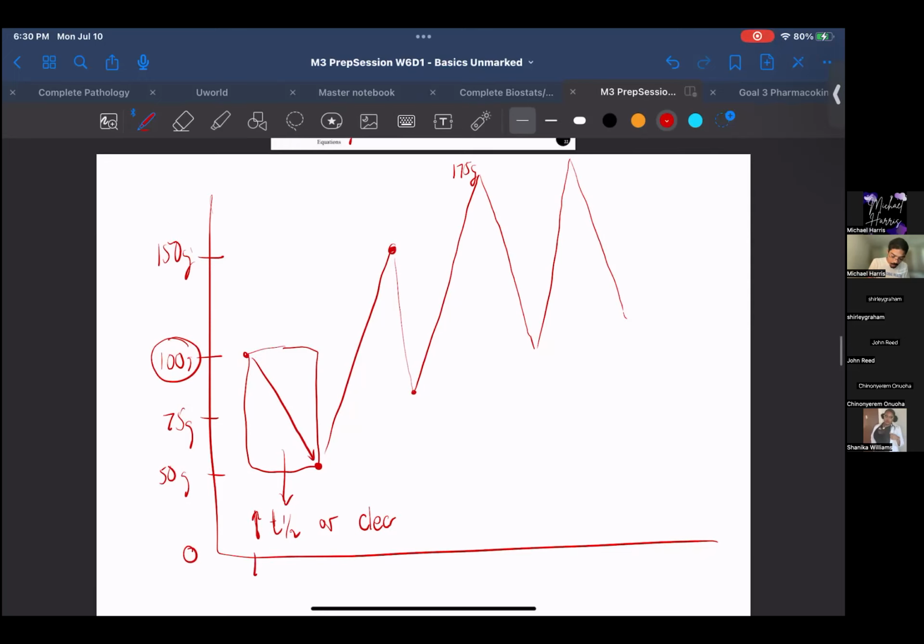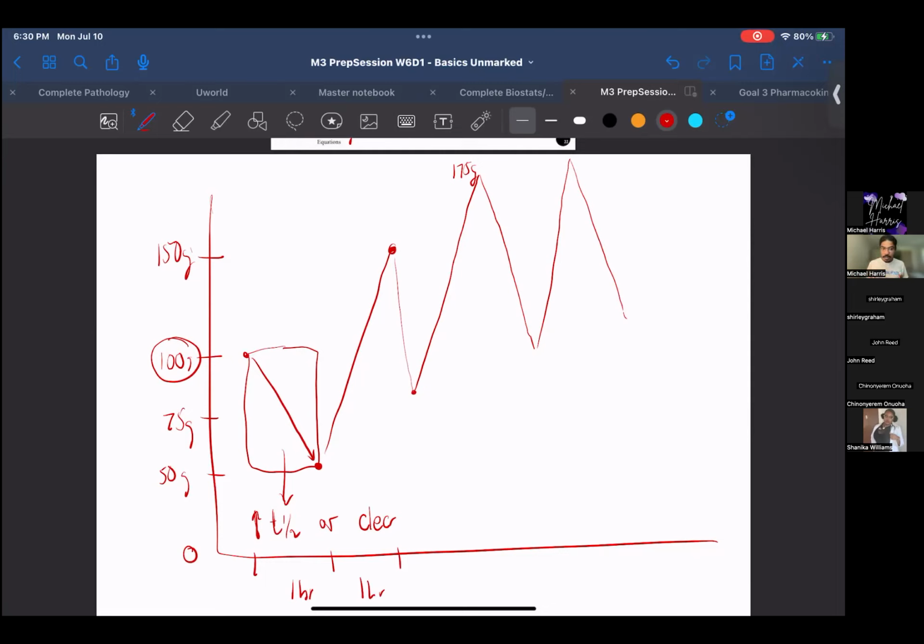So let's say this is 1 hour. And then in another hour, yes, we have to give it more. So clearance of the drug takes precedence.